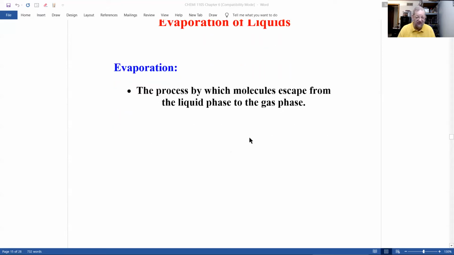Evaporation, as I mentioned, is the process in which molecules escape from a liquid phase to a gas phase. In other words, molecules that are liquid become gas at a temperature where they'd normally be liquid. You should know what these definitions mean, because I'll be using them.